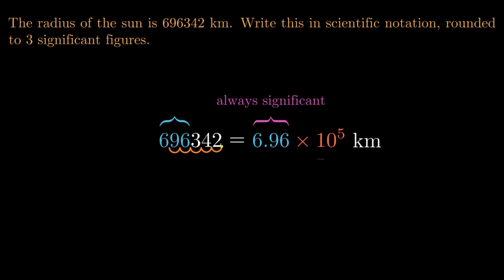Then this times 10 to the something part, the red part here, is purely to tell you how big or small the number is. Okay, it's a bit like the insignificant part, if you will. Okay, it just tells you the size of the number, which is important, but not really related to the accuracy of the actual measurement, as we discussed in the previous video.